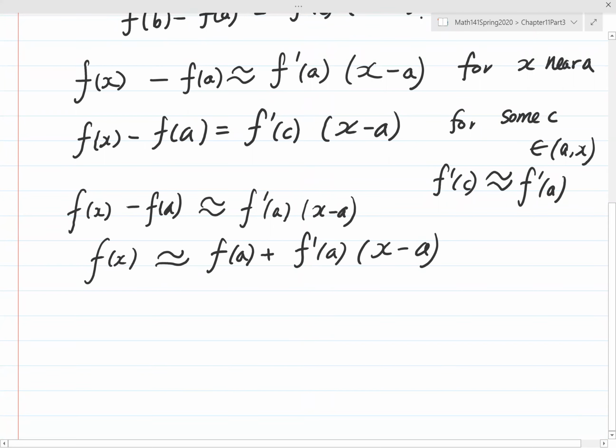Here we use another mean value theorem, the Cauchy mean value theorem. When we derived L'Hopital's rule, we already talked about it. The Cauchy mean value theorem is a generalization of the Lagrange mean value theorem.